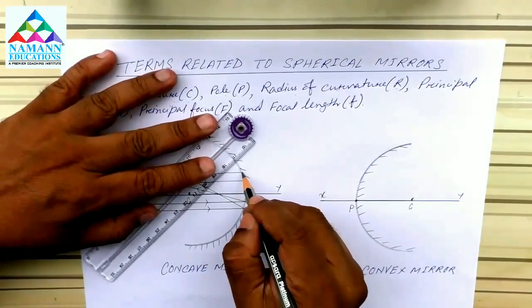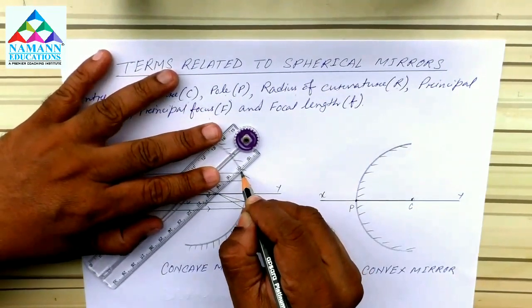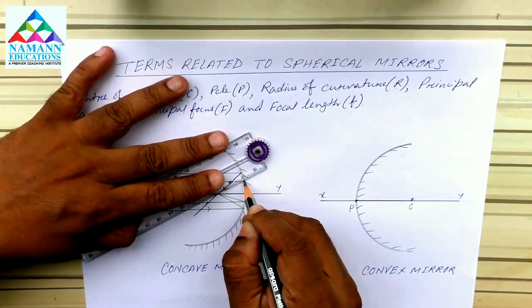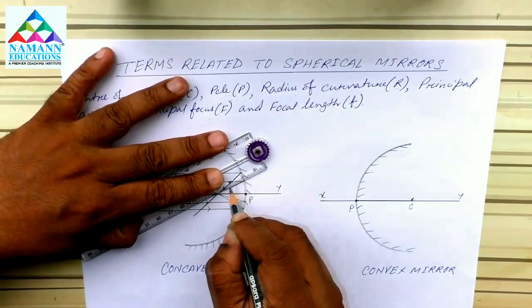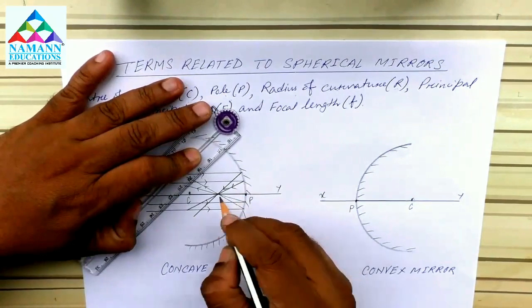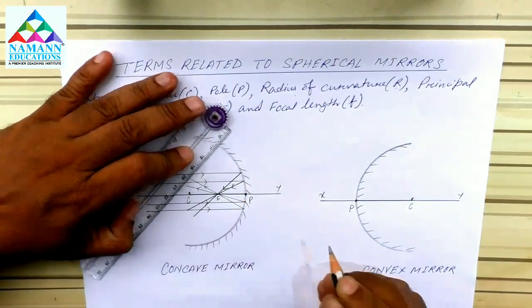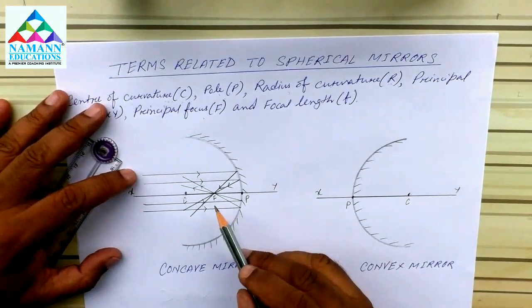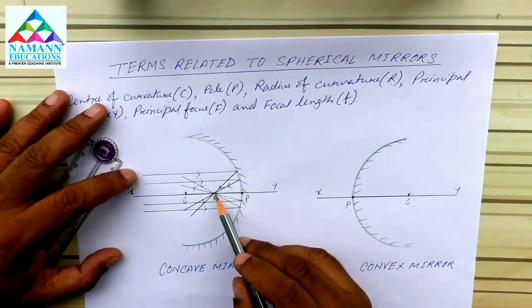And this point on the principal axis is principal focus. This point is principal focus. And the principal focus of a concave mirror is real because light rays actually intersect here.